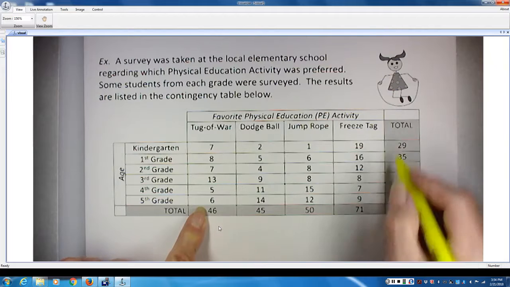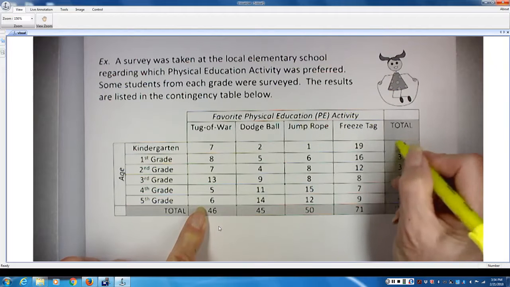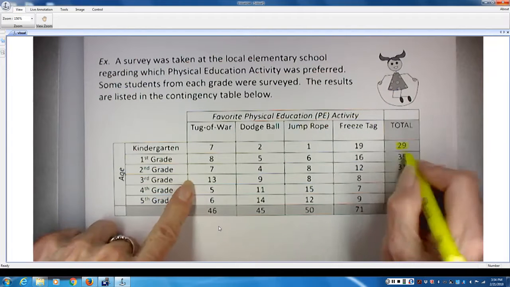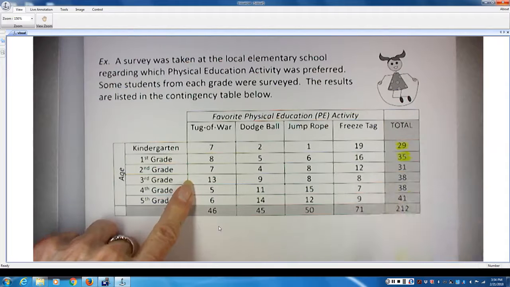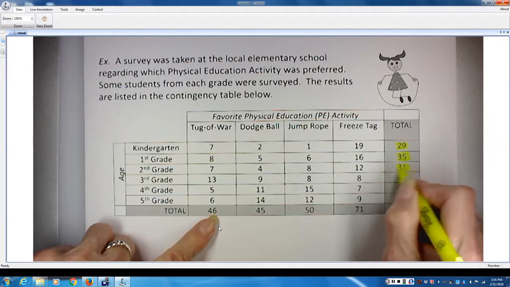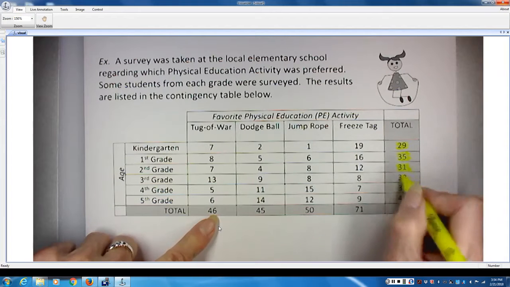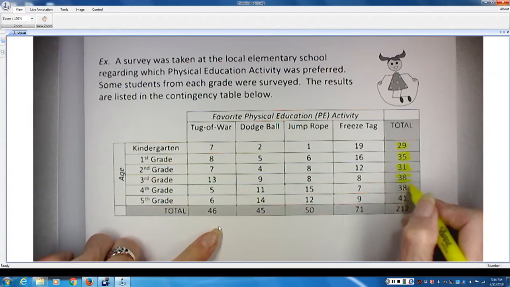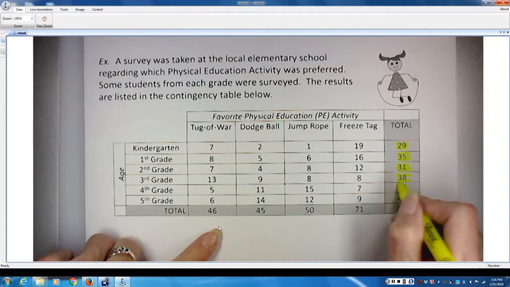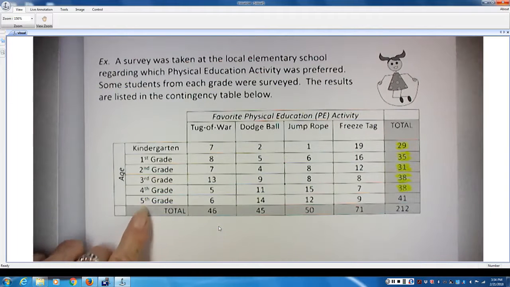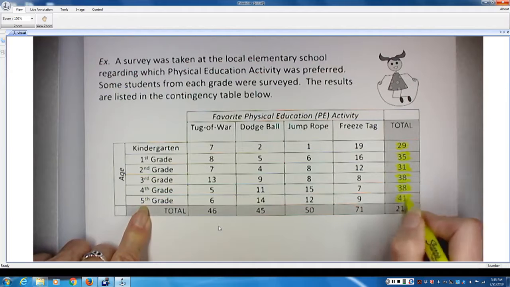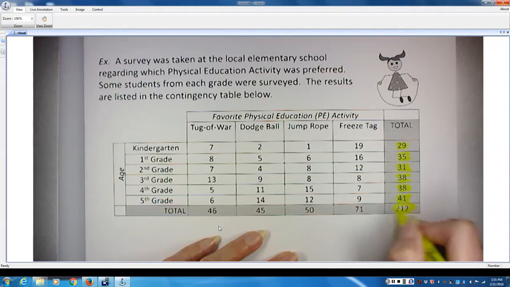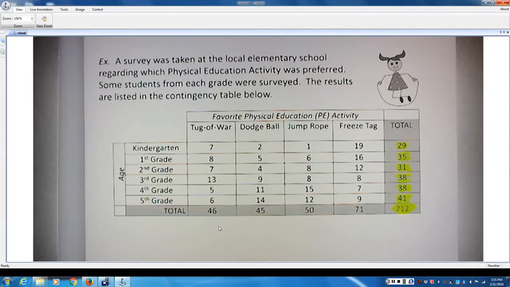They surveyed a total of 29 kindergartners and 35 first graders and 31 second graders and 38 each of the third and the fourth grade. And then they surveyed 41 fifth graders. So of everybody in the school, they surveyed a total of 212 kids.